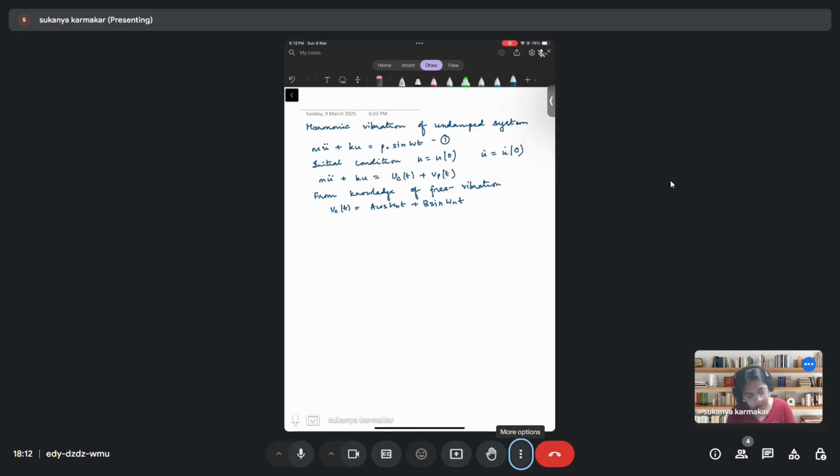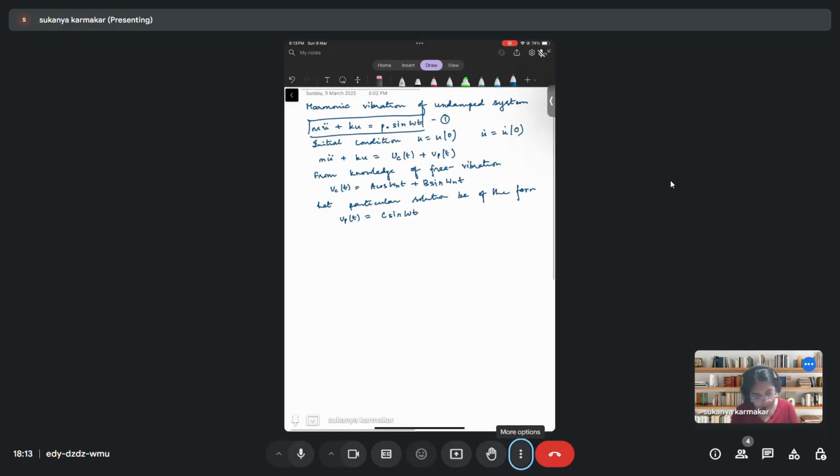Now let the particular solution of this equation be of the form u p t is equal to c sine of omega t.